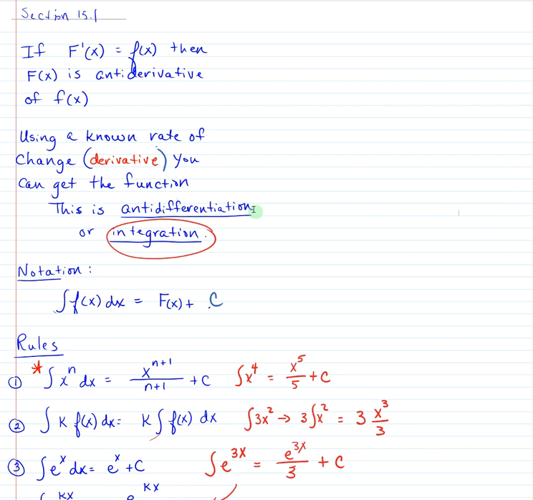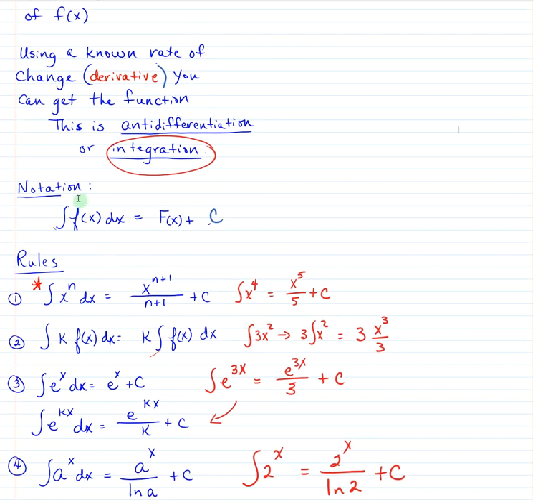You're using integration. The notation for that is this symbol that looks like a slender S, and that's read the integral of f of x dx. That tells you that you're given a derivative, and the function is big F of x plus c.